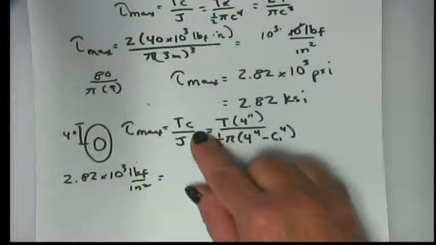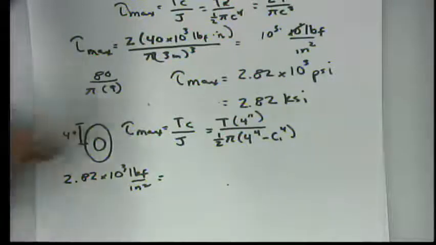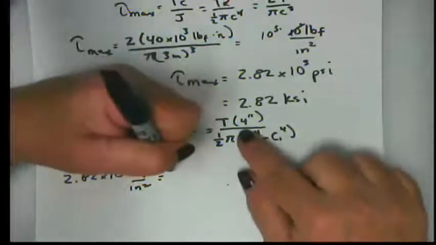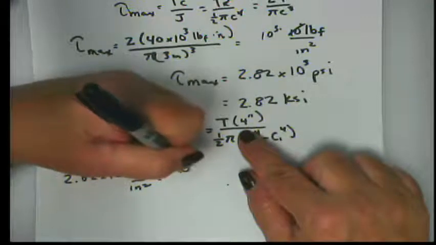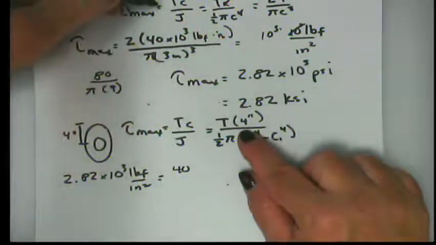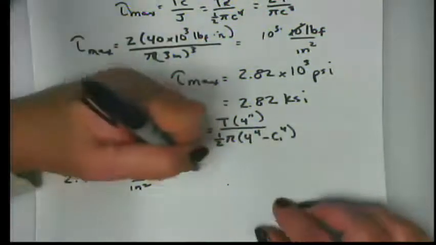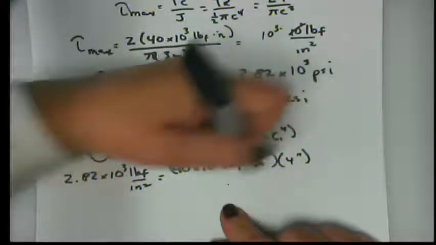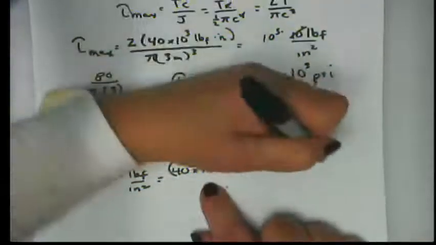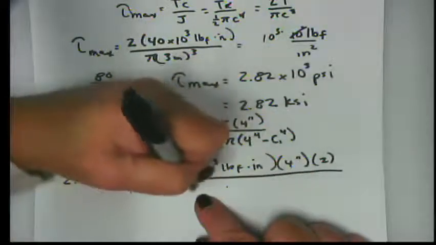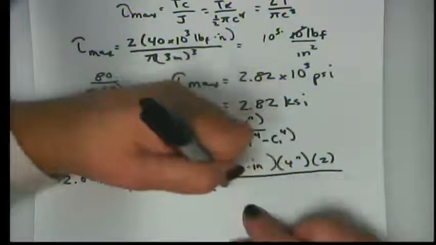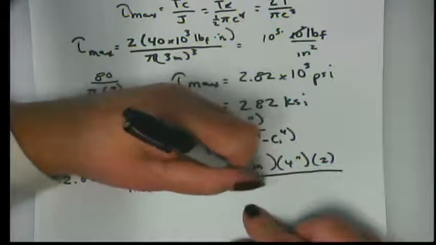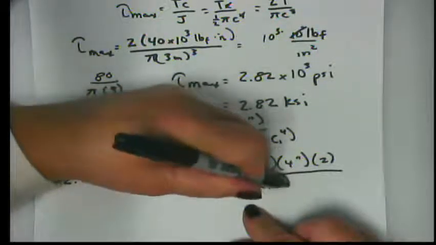Okay, and we're still applying 40 kips, equals tau, or T, which is 40 kip inches. 40 times 10 to the 3rd pound of force times inch times 4 inches over 1/2, which becomes 2 in the numerator, over pi times the quantity 4 inches to the 4th minus this unknown quantity raised to the 4th power.